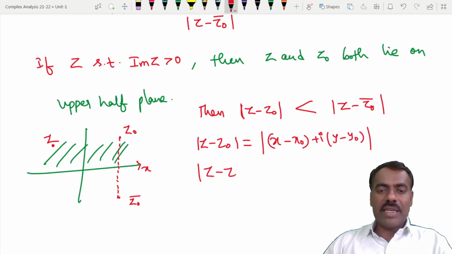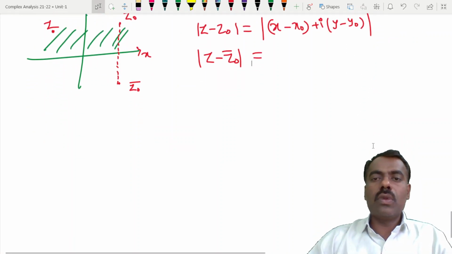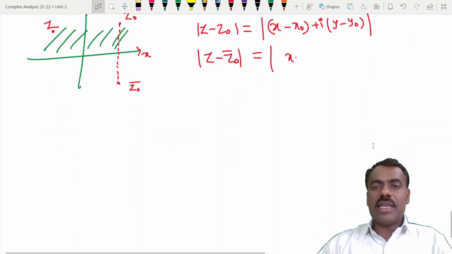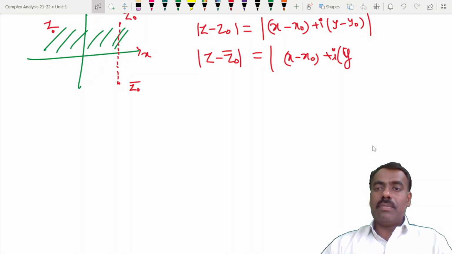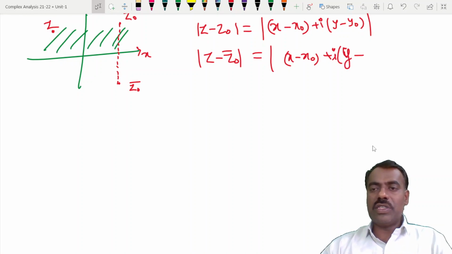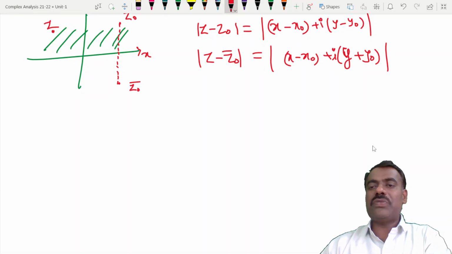Similarly, mod (z minus z0 bar) is mod of (x minus x0) plus i times (y plus y0), since minus i times minus y0 becomes plus y0. So the relation is only between y minus y0 and y plus y0.